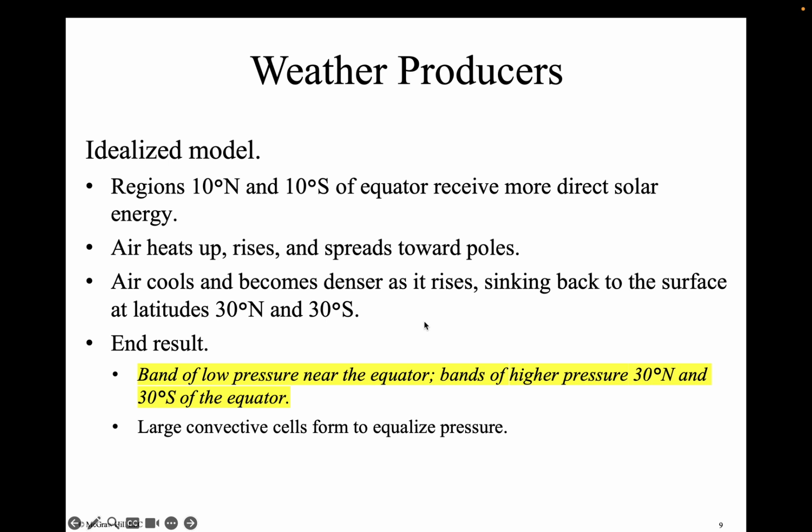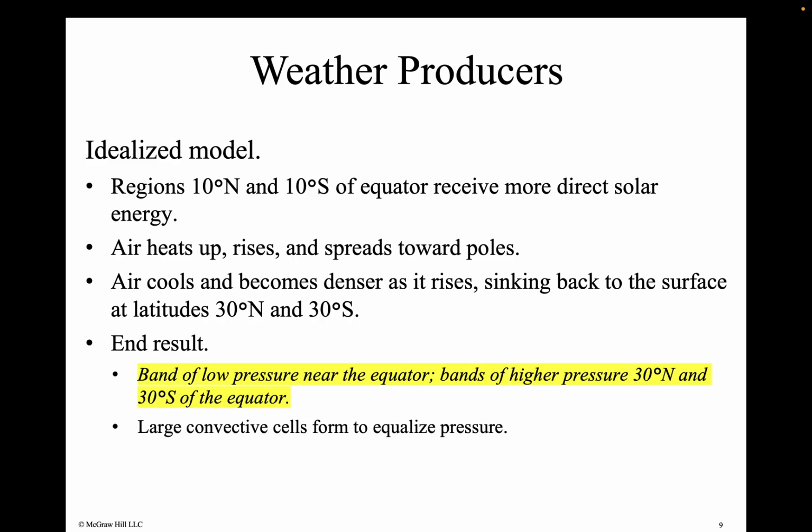Okay, that's the convective cell I explained in the previous class. Here I also want to add that part of the air goes back to the equator, and you saw that in the video, completing a large convective cell.